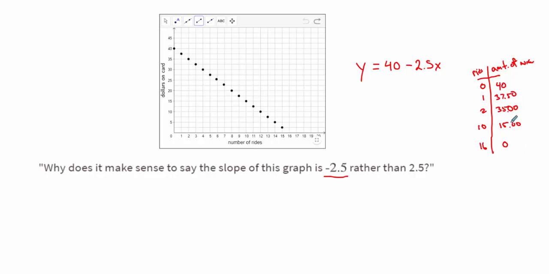So that's another reason why this might be negative instead of 2.5.